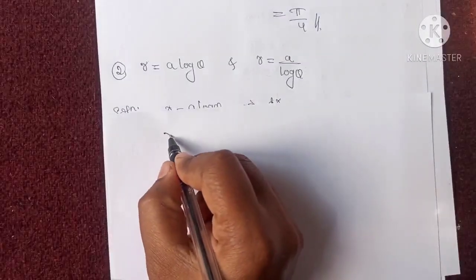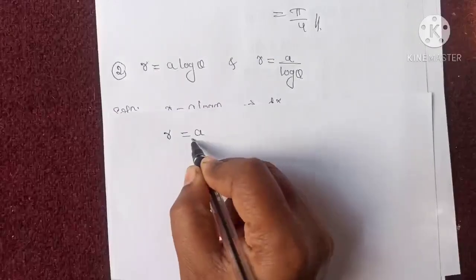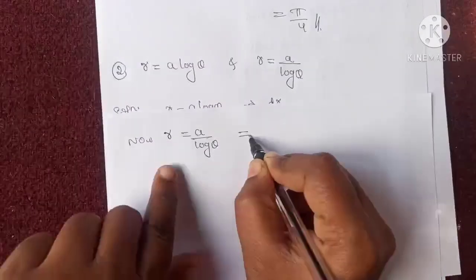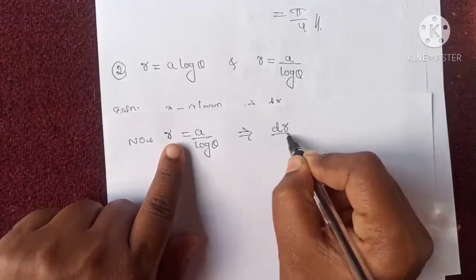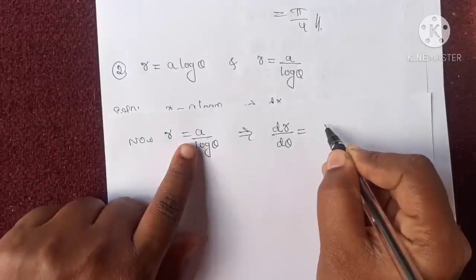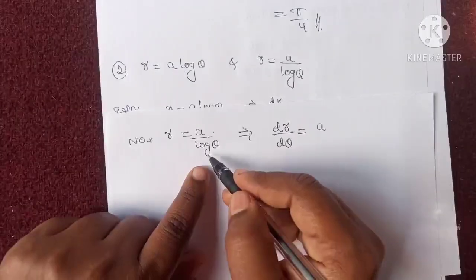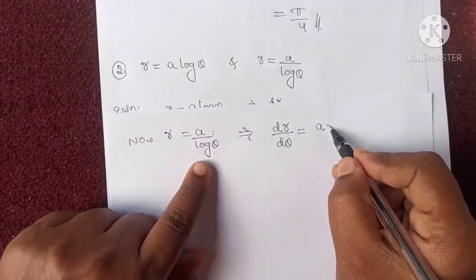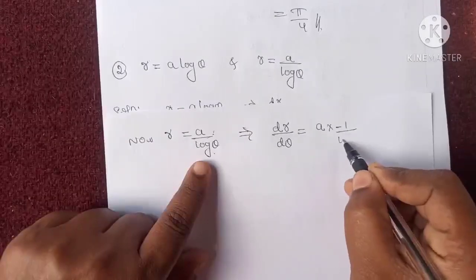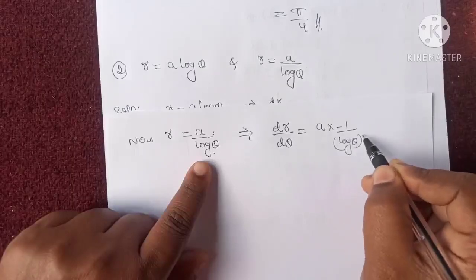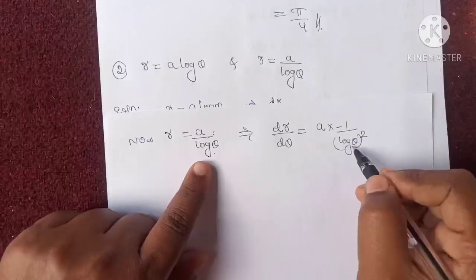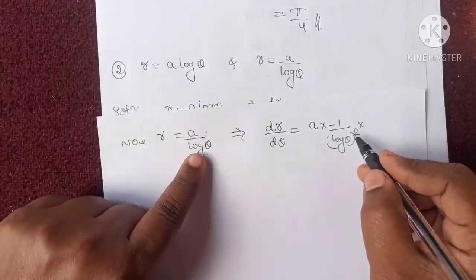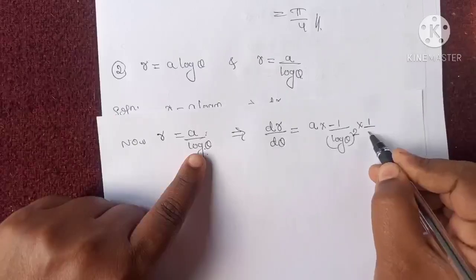The second curve is given by r equals a divided by log theta. Again differentiating this with respect to theta, we get dr divided by d theta equals a, being constant, times 1 by log theta. It is in the form of 1 by x, therefore its differentiation is minus 1 divided by log theta whole square, because the differentiation of 1 by x is minus 1 by x square, into the differentiation of log theta, which is 1 by theta.